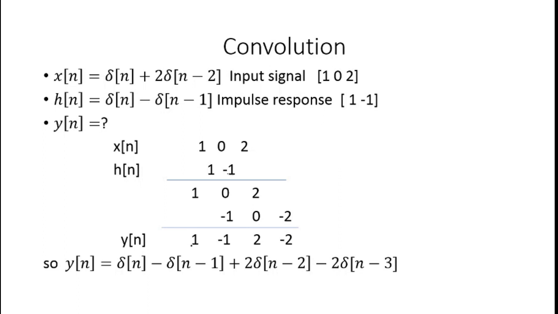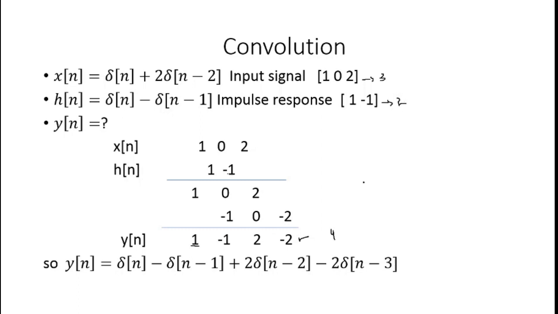This is our n equal to 0. So we have delta of n, minus delta of n minus 1, 2 delta of n minus 2, and minus 2 delta of n minus 3. As you can see, the sum of the elements in the output after convolution is 4. Here we have 3 elements in the input and 2 in the system function.